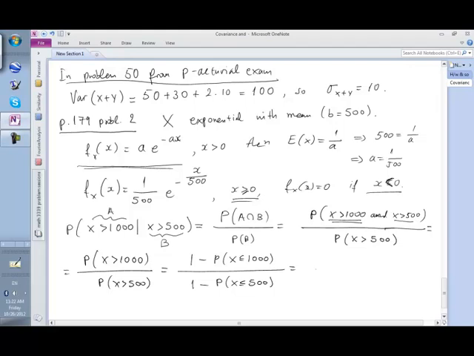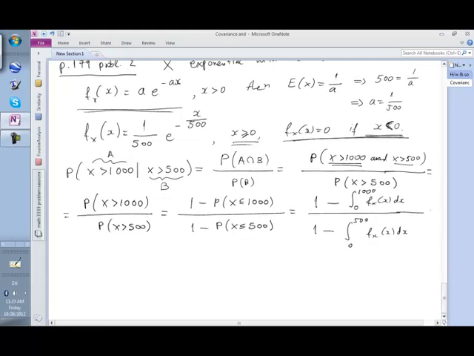And since the PDF is 0 when X is negative, I integrate here from 0 to 1000 the PDF, and here I integrate from 0 to 500, again the PDF of X. So let's do this computation.